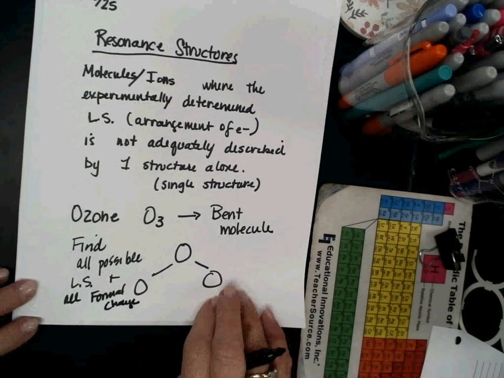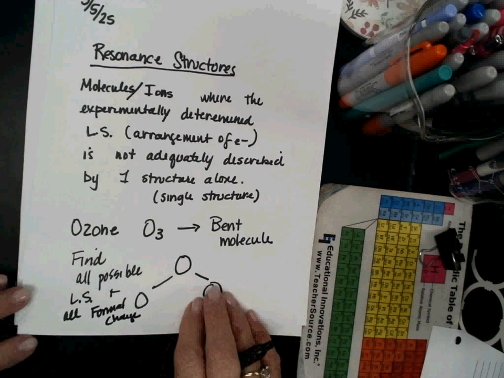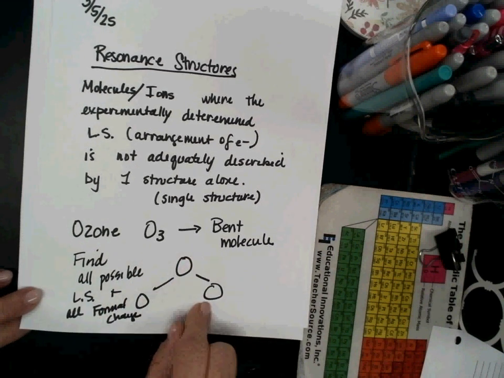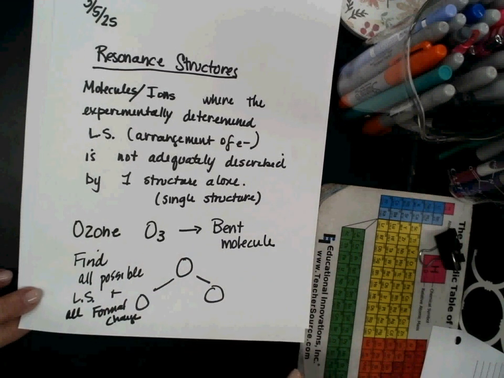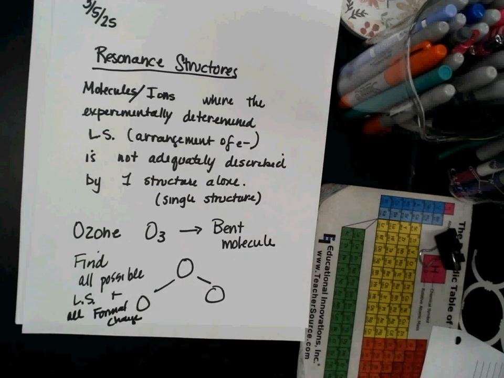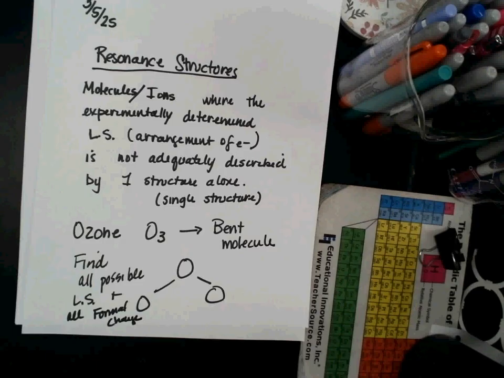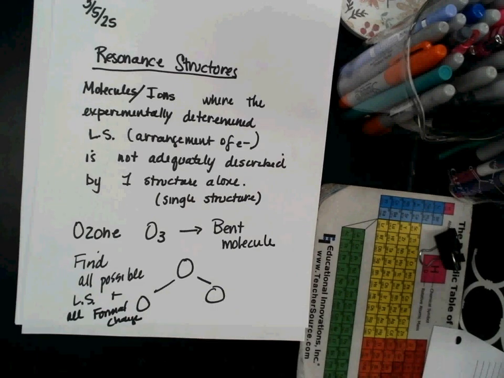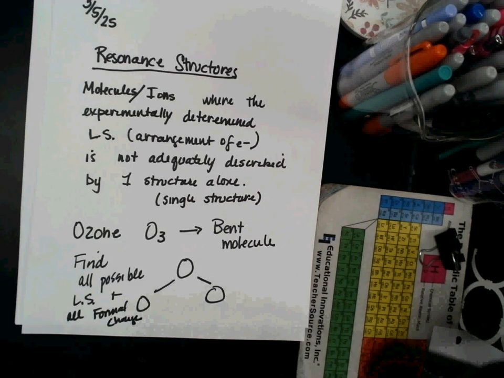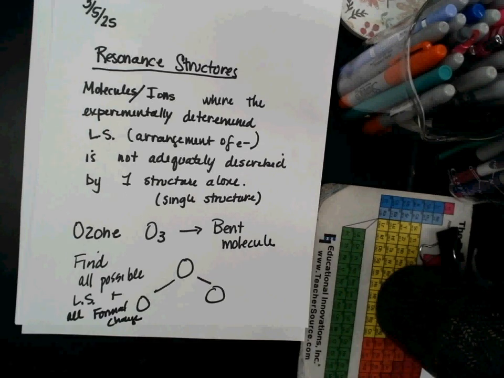See how many you can find and calculate the formal charge on each oxygen and then the formal charge on the whole molecule for each structure that you determine. And then we'll go through it together and see if you get what you should. I picked kind of an easy molecule for the first one.